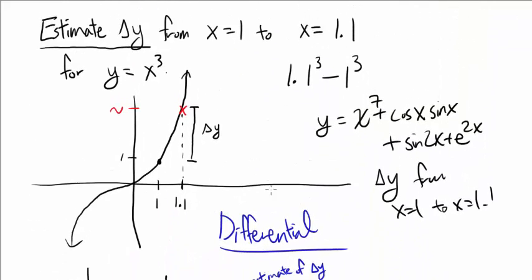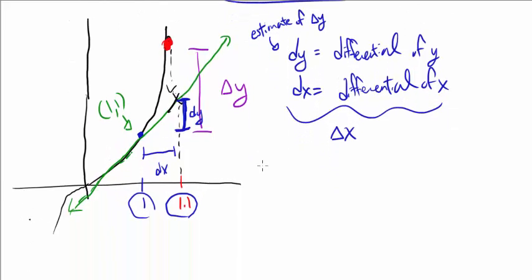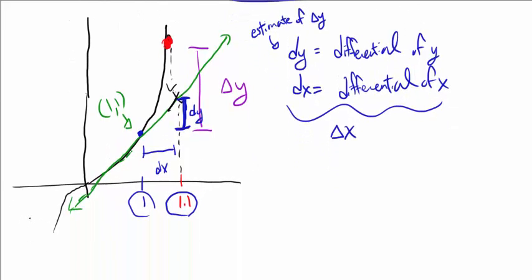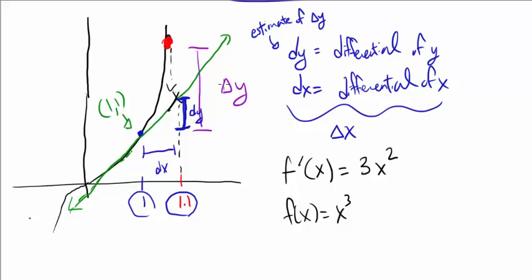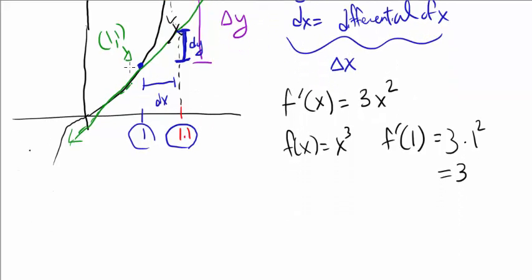So let me attempt to use this differential to estimate our function at 1.1. What is the equation of the tangent line? Well, what is f prime of x? f prime of x, since f of x is x cubed, is going to be 3x squared. So what's the slope at x equals 1? That's 3 times 1 squared, which gets you 3. And we know the tangent line is going through the point (1, 1).